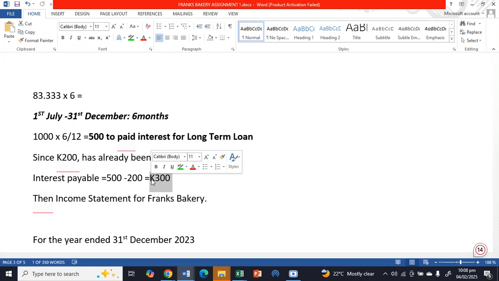We were supposed to pay 500, but we've only paid 200, which is included in the bank charges and interest charge. So we are owing interest of 300 kwacha.